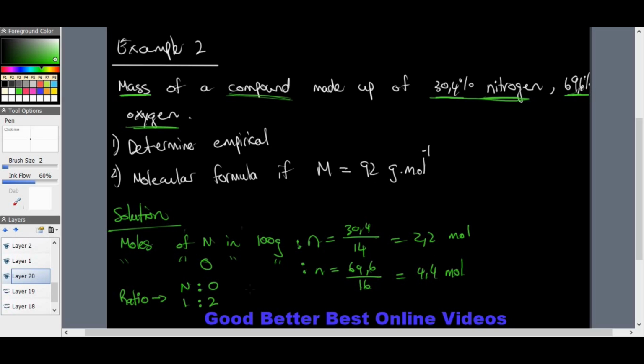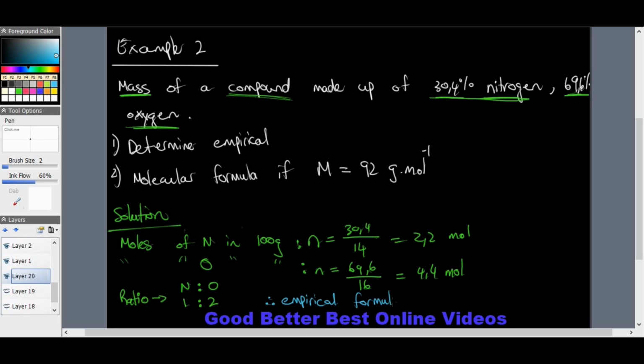So if we equate these to each other, 2.2 to 4.4, divide them by 2.2 each, we'll get a ratio of 1:2.